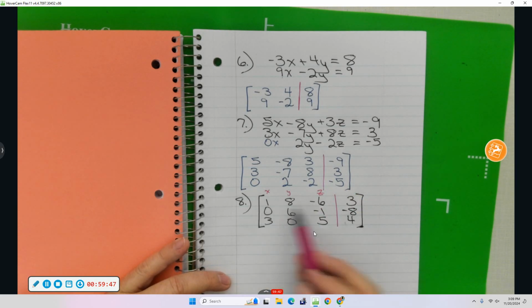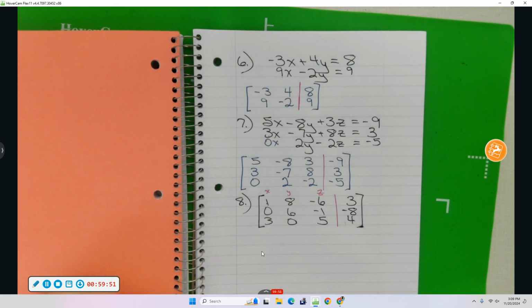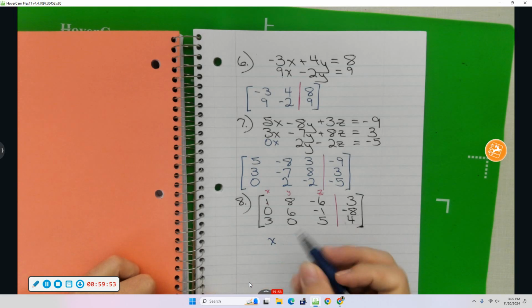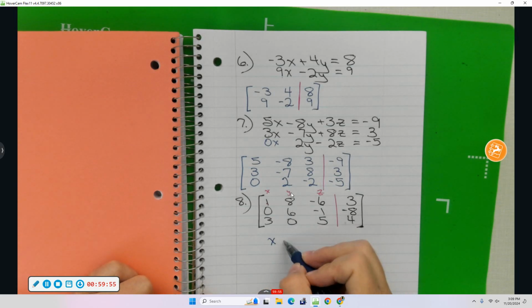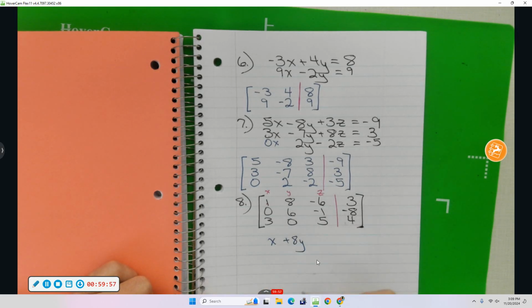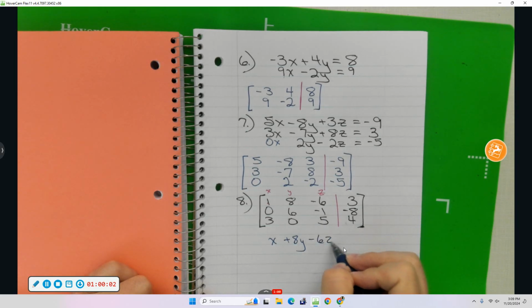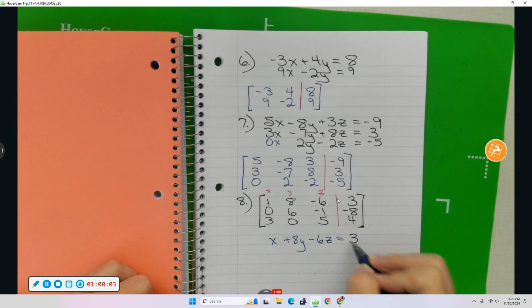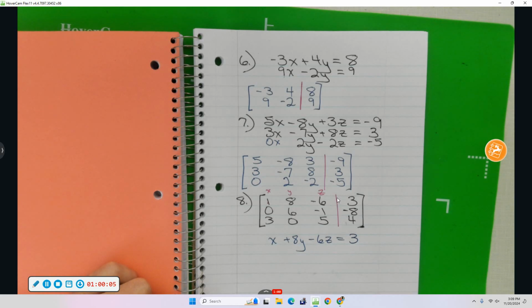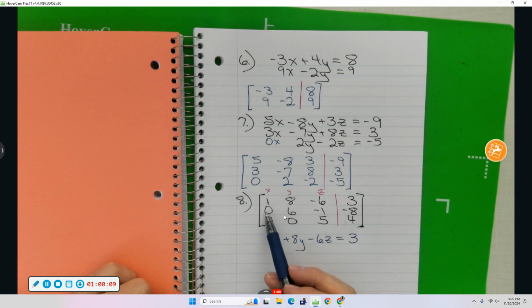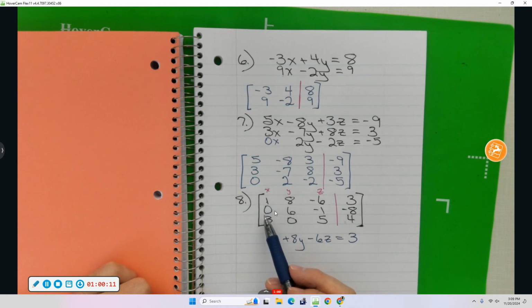So that first row says 1x, and that's a positive 8, so plus 8y, and a minus 6z is equal to 3. The second equation says 0x, so we won't even show that 0x. We'll leave that spot open.